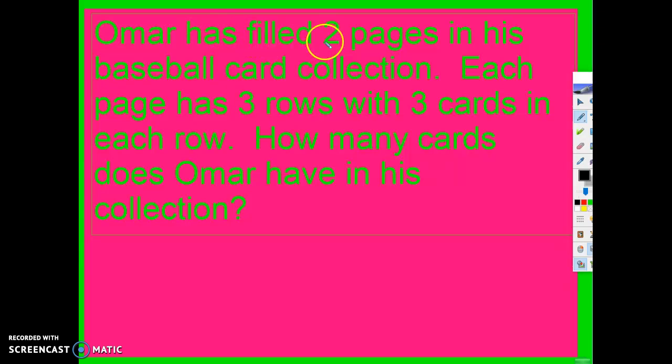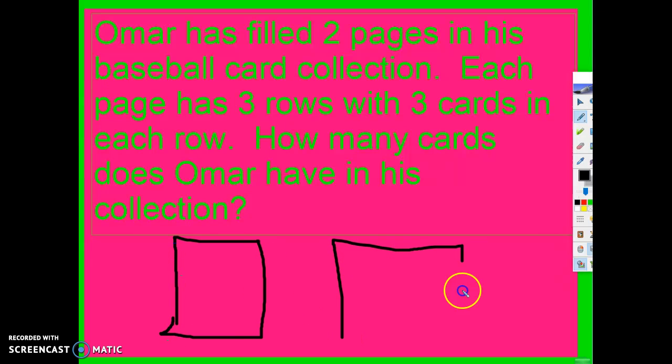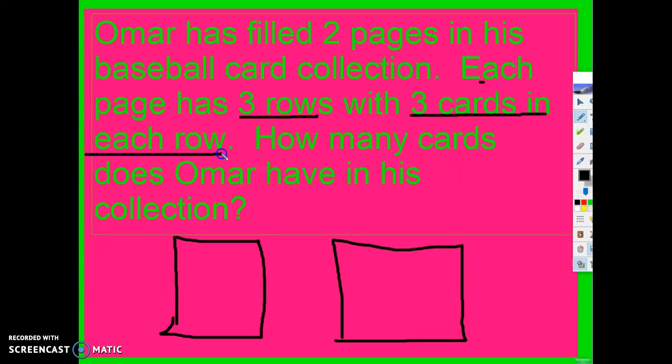So Omar has filled 2 pages in his card collection. So I'll just start and I'll draw his 2 pages. So page 1 and page 2. Okay, each page has 3 rows with 3 cards in each row. So if you think back closer to the beginning of the year, we talked about arrays, right?